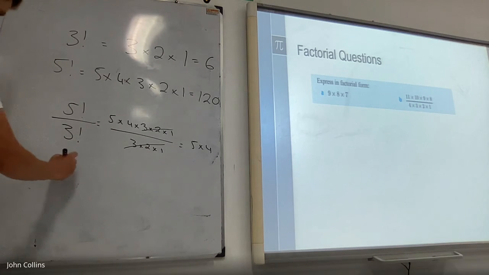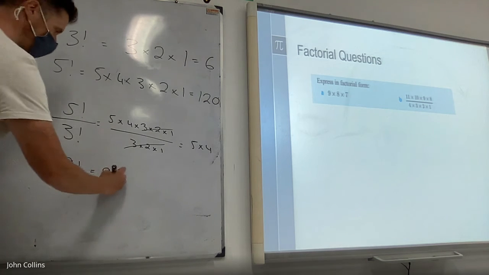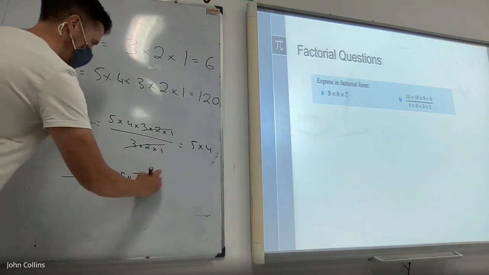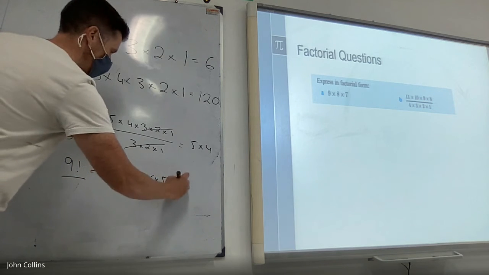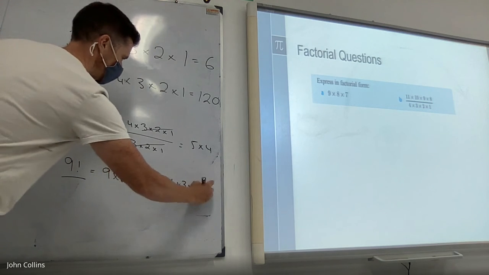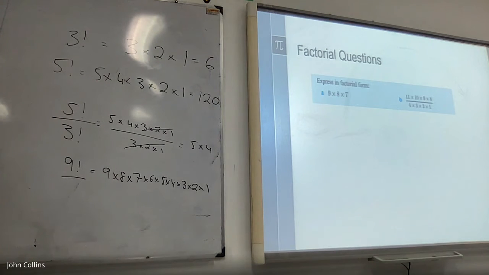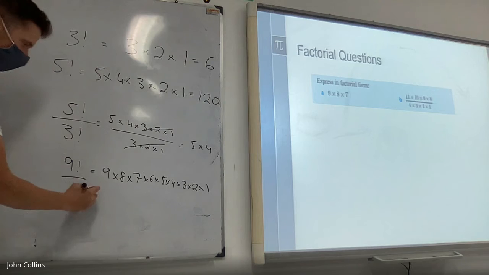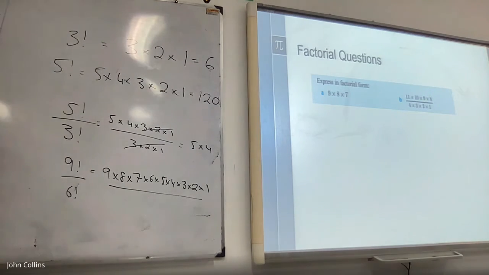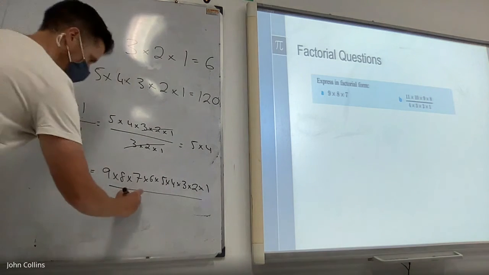So let me start you off. 9 factorial is on top of the fraction because 9 times 8 times 7 times 6 times 5 times 4 times 3 times 2 times 1, over 6 factorial, because it will get rid of everything from 6 down.